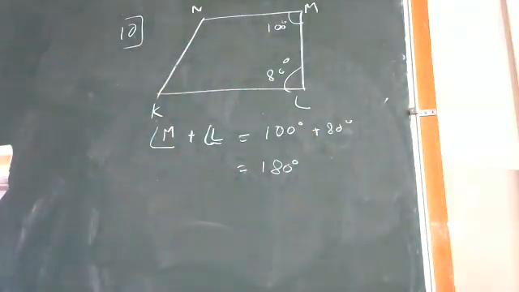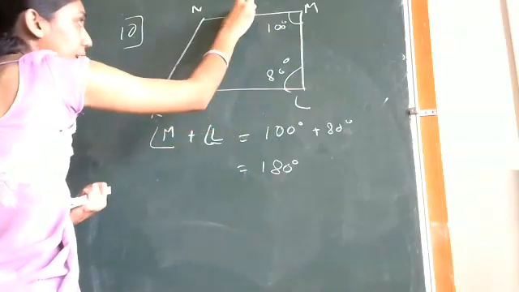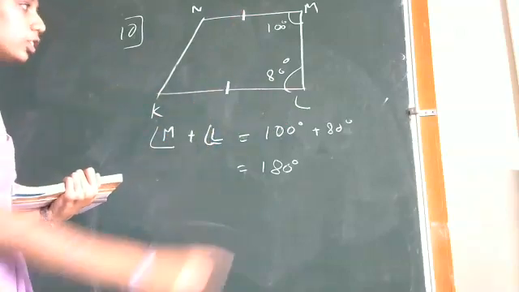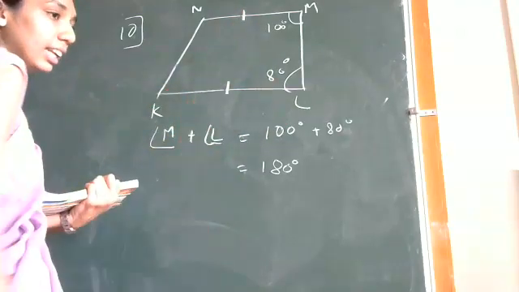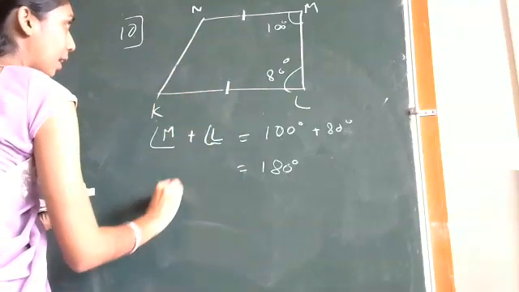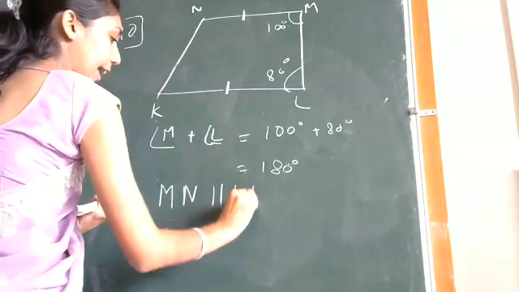Correct? So after this, how will we proceed? If it is equal to 180, what does it tell? See, this and this is equal to 180, which means these two lines are parallel. So from this we can tell that MN is parallel to KL.